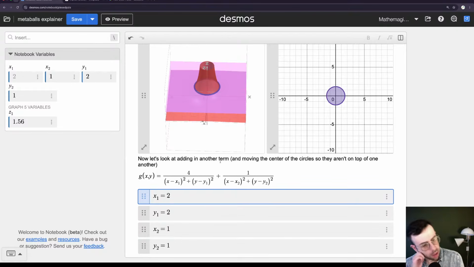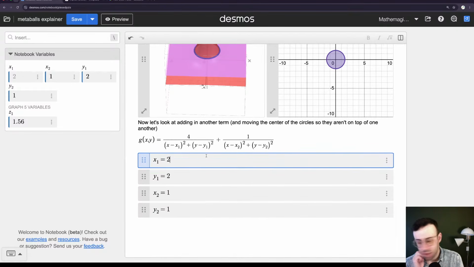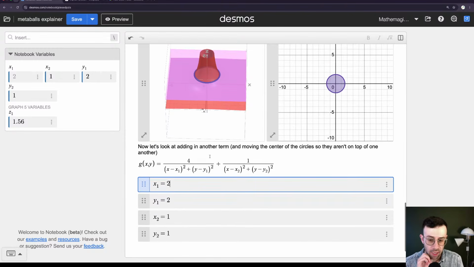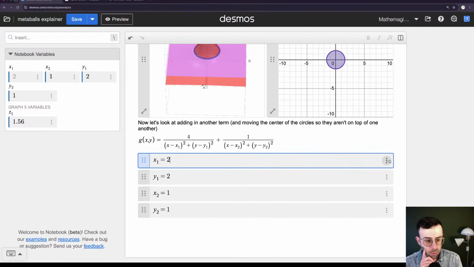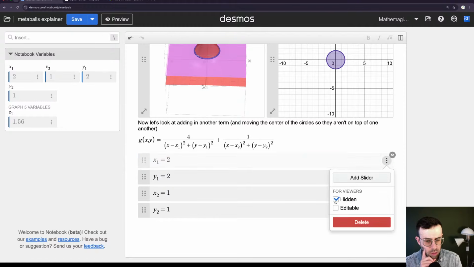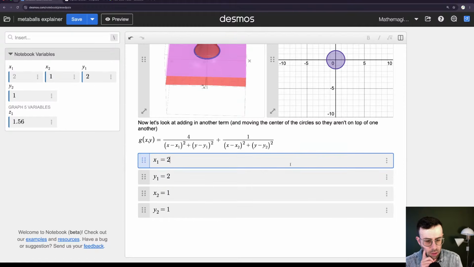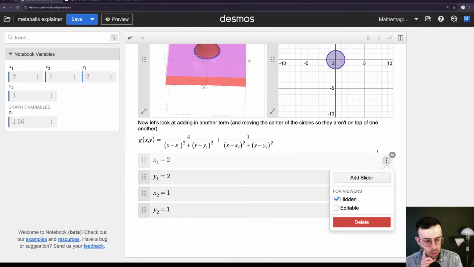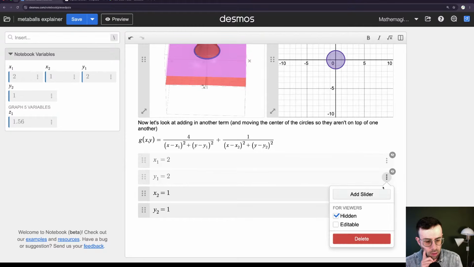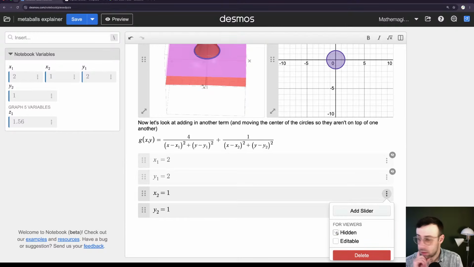All right. So what I've done while it was not working is I made these notebook variables, x1, x2, y1, y2. And then I'm going to have, I guess I don't. Do I need them in here? I mean, I could just hide them. Okay, it looks good now.